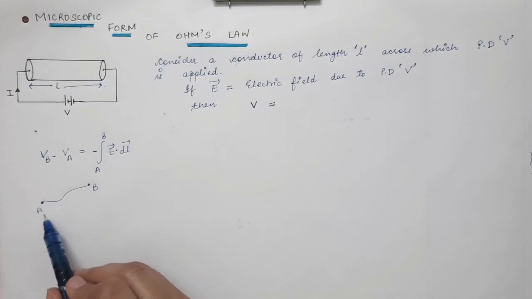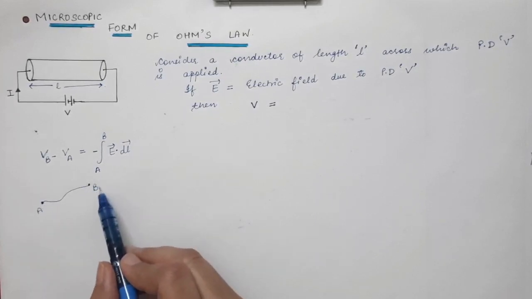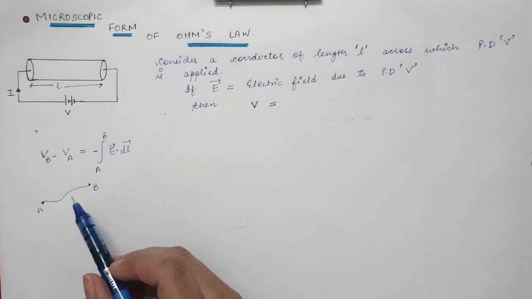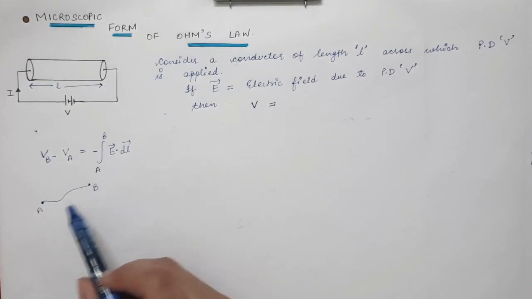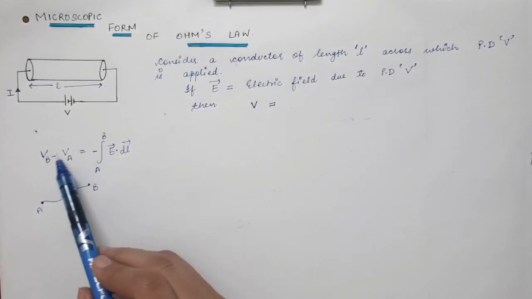Let's say here is some potential at point A and the potential at point B is also given to us. What will be the potential difference? VB minus VA.